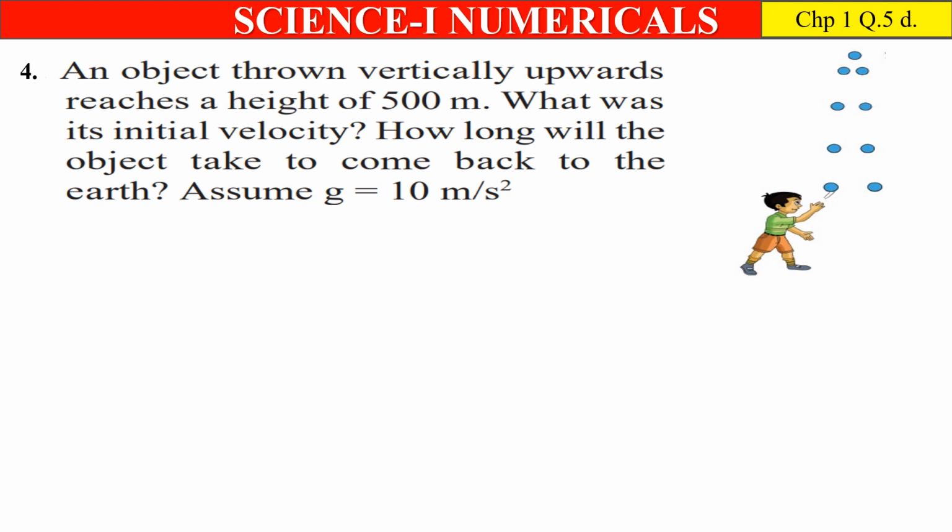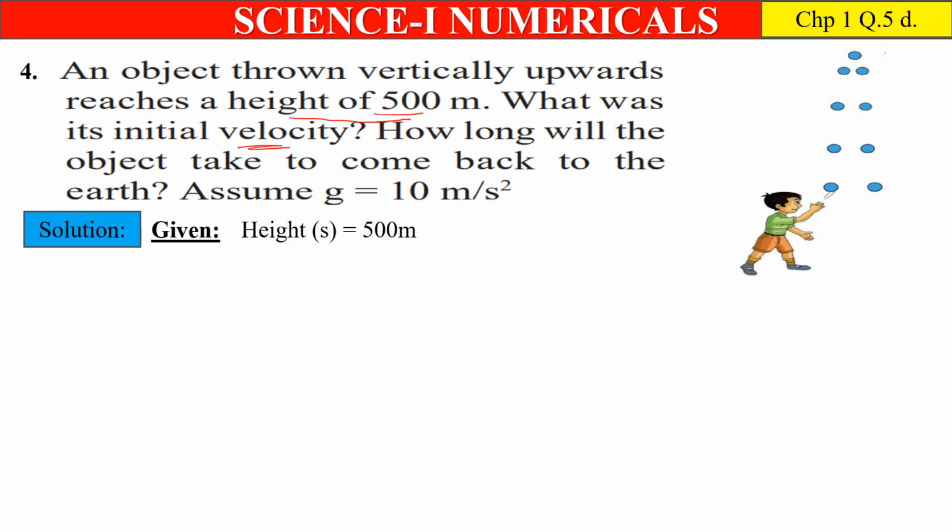Now, solution. We'll read the question again. An object thrown vertically upwards reaches a height of 500 meter. So in given we will be writing height is equal to 500 meter. What was its initial velocity? We have to find initial velocity. How long will the object take to come back to the earth?